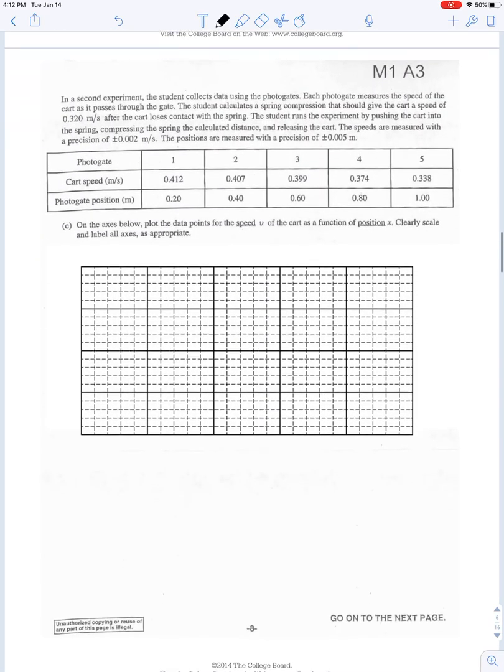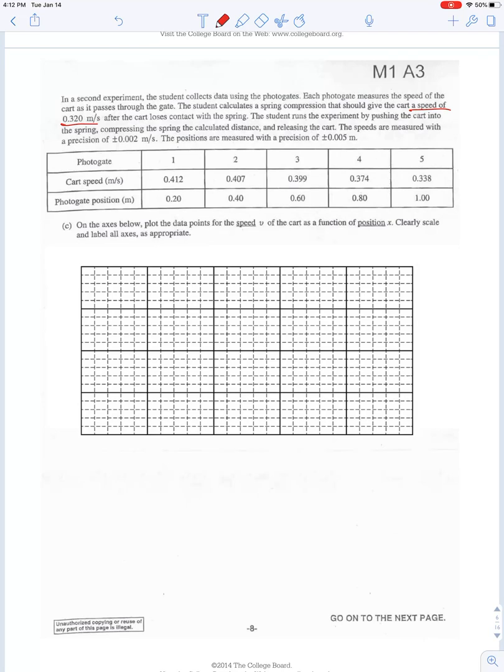In a second experiment, the student collects data using the photo gates. Each photo gate measures the speed of the cart as it passes through the gate. The student calculates a spring compression that should give the cart a speed of 0.32 meters per second after the cart loses contact with the spring. Maybe I should have underlined this before I moved on. This is the speed that it needs to give the cart.